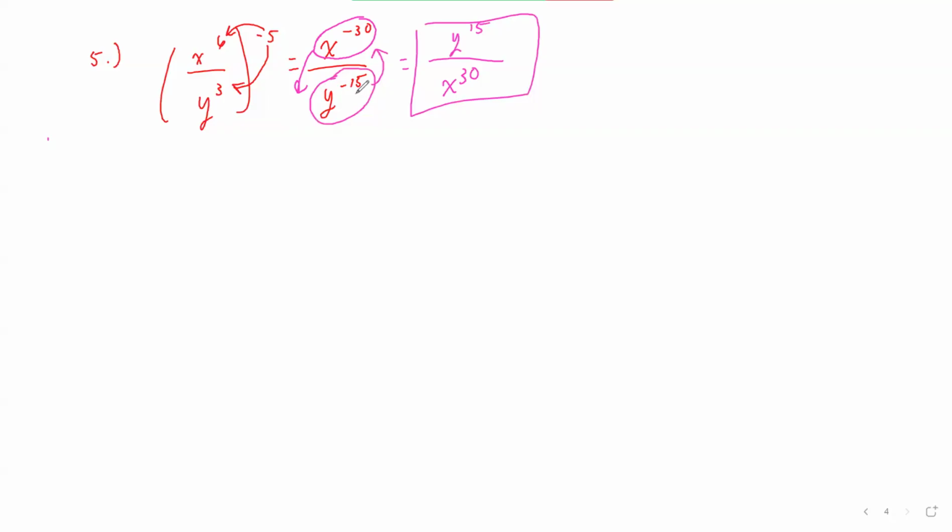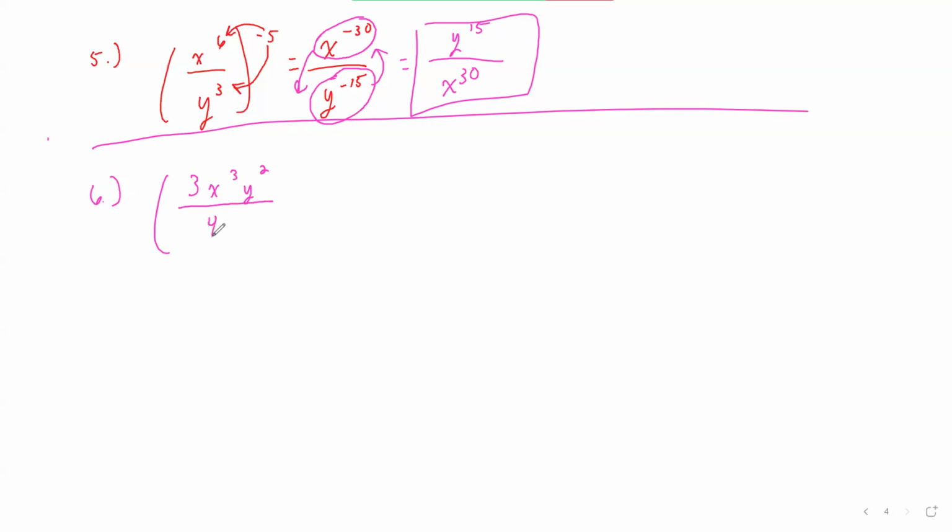All right. So I'm going to throw the most extreme question I saw in your homework out. Be ready. 3x to the 3rd power, y to the 2nd power, divided by 4x, y to the negative 3rd power.